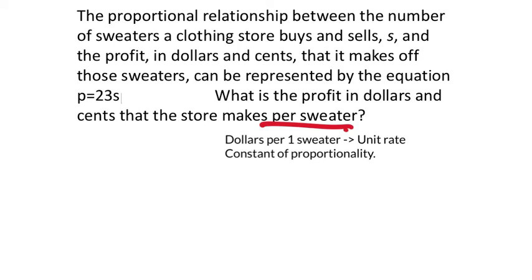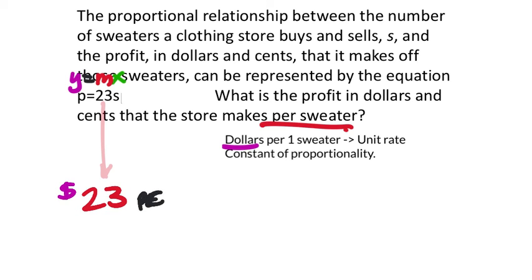Because this equation would have been y equals mx, but now instead of a y, they got a P, and instead of an x, they got an S. But I know that the coefficient of x there, or in this case S, is our constant of proportionality. So 23, boom. Okay, so 23, well, they already told us what this represents, right? It's dollars. So I'm going to make that $23, and then we'll say per one sweater.